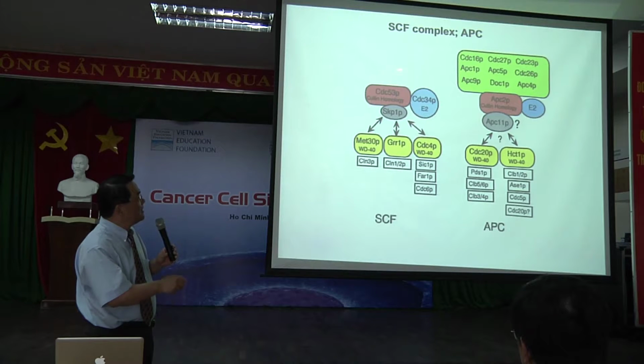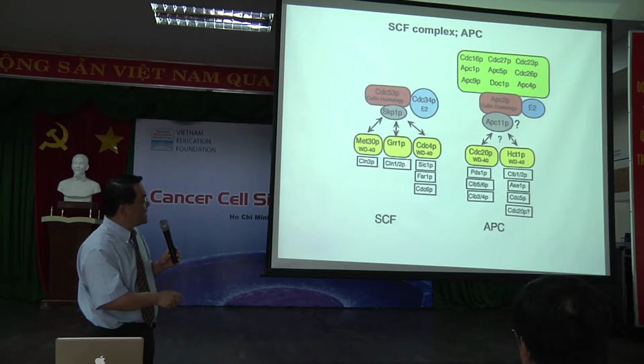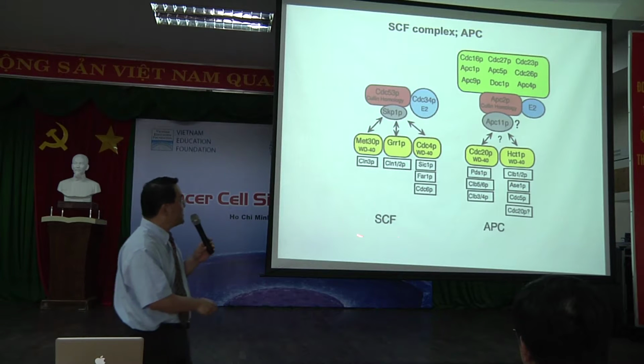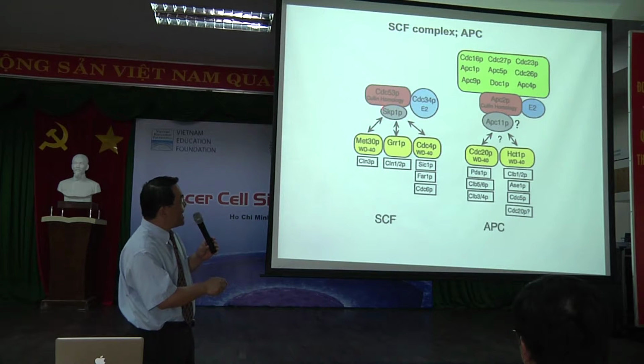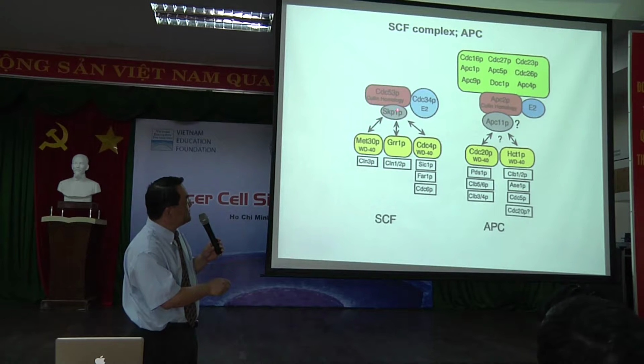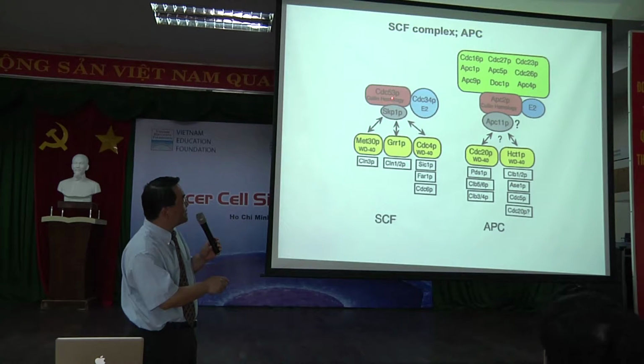For us, another type of E3 ligase is also present. We call it SCF. The SCF complex is composed of SKP1, CDC53, or sometimes we call it cullin, and the CDC34. This is the E2.